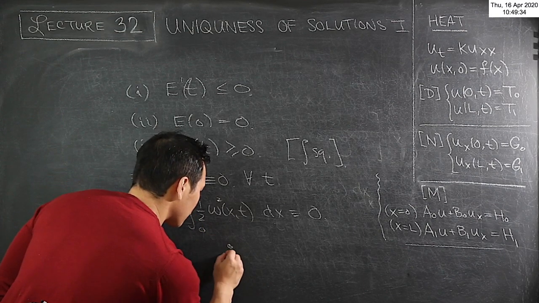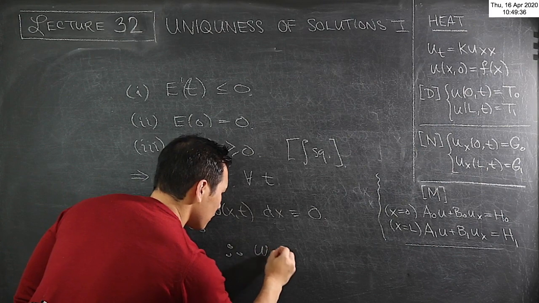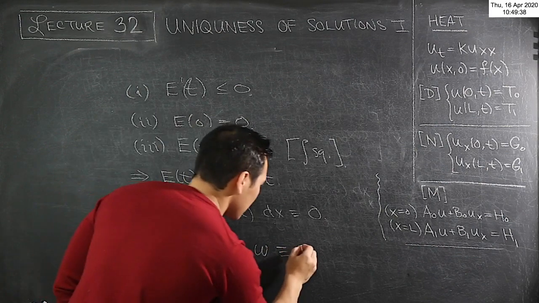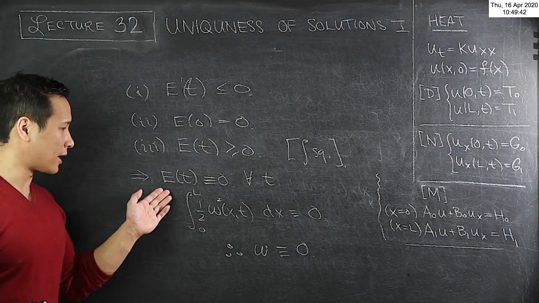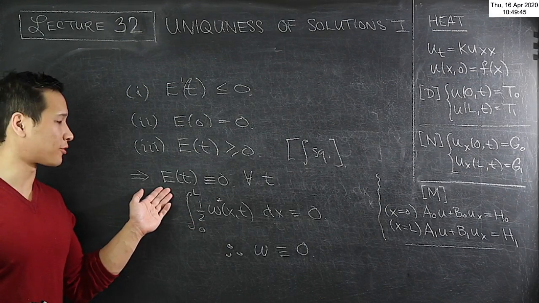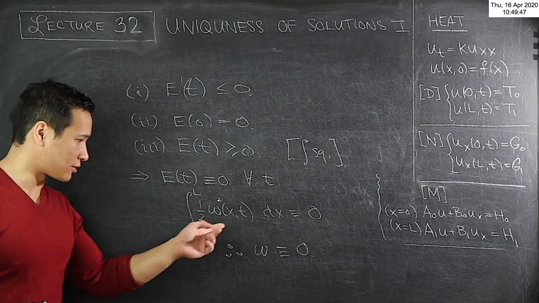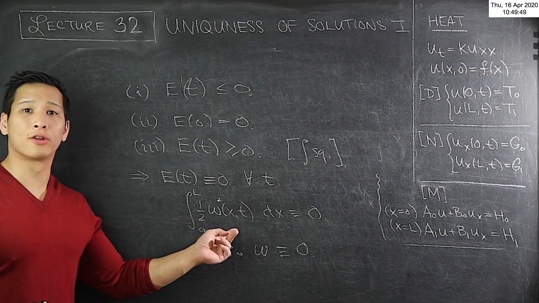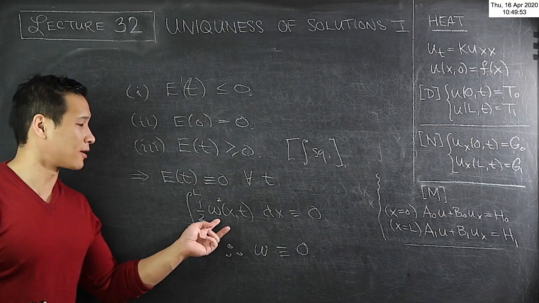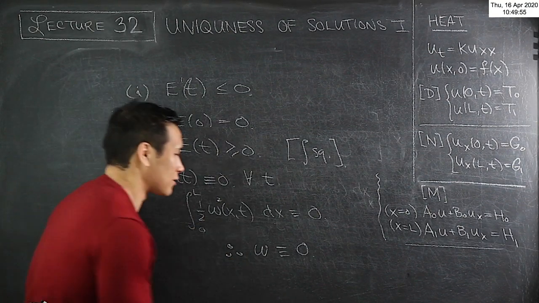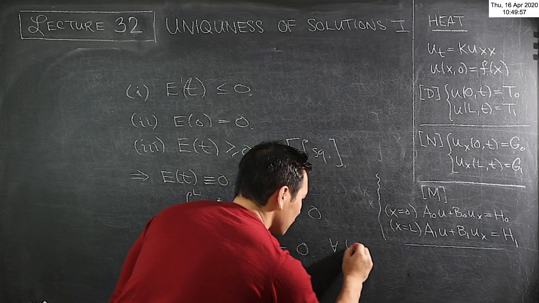So here you conclude that w is identically 0. The energy has to be 0 for all t, and the only way the integral of a squared quantity is equal to 0 for all time is if that quantity itself is identically equal to 0 for all t and for all x.